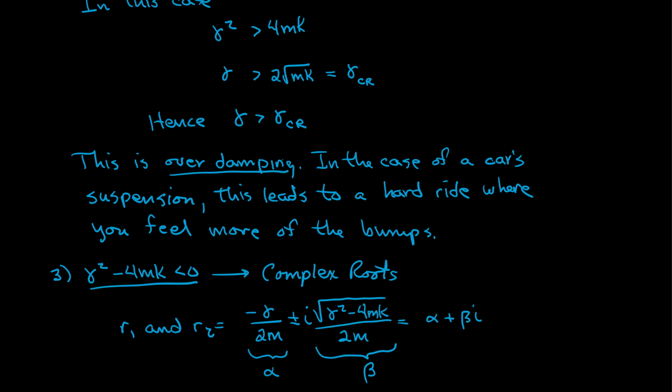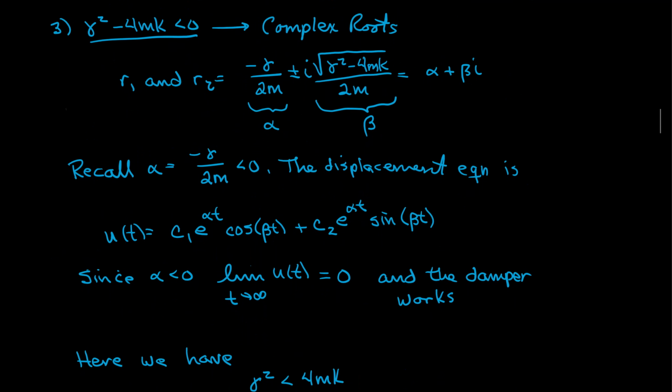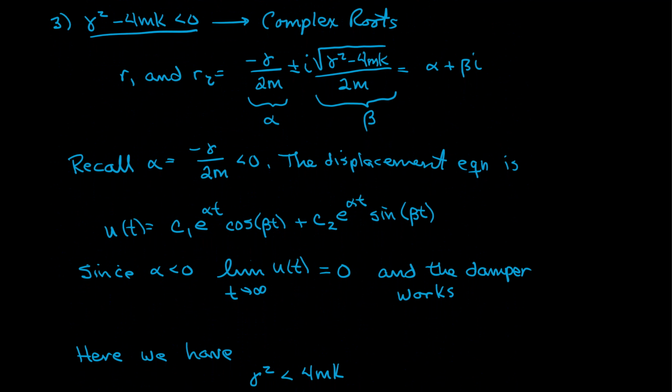The third possible situation is where the determinant, gamma squared minus 4mk, is negative. If you have negative gamma plus or minus the square root of that stuff over 2m, and you wind up with a negative there, we're going to get a complex root.